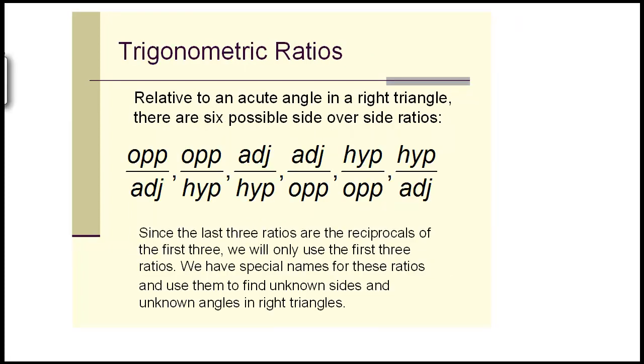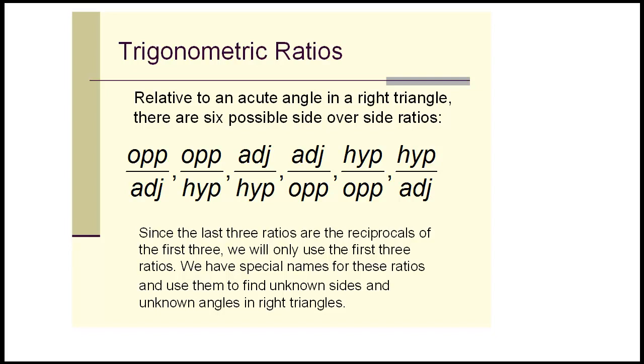Relative to an acute angle in a right triangle, there are 6 possible side over side ratios: opposite over adjacent, opposite over hypotenuse, adjacent over hypotenuse, adjacent over opposite, hypotenuse over opposite, and hypotenuse over adjacent. Since the last 3 ratios are the reciprocals of the first 3, we will only use the first 3 ratios.